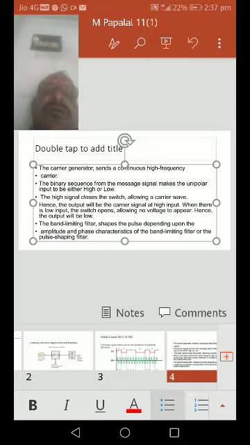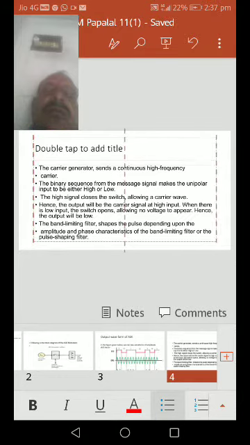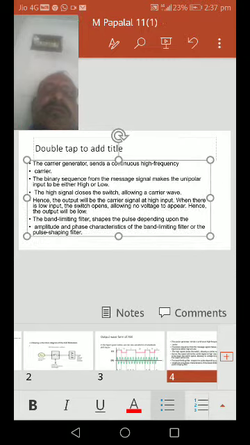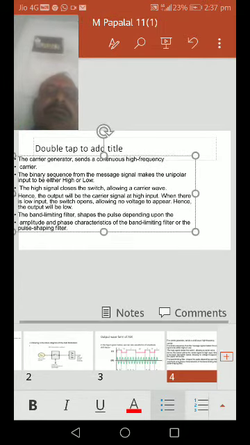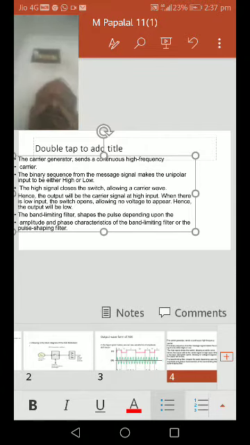When there is a low input, there is no output; the carrier is present at a high input signal and a low bit means there is no signal. The switch follows by turning on and off, so no voltage appears and the output will be low. The band limited filter shapes the pulses depending upon its amplitude and phase characteristics; these are pulse shape filters.